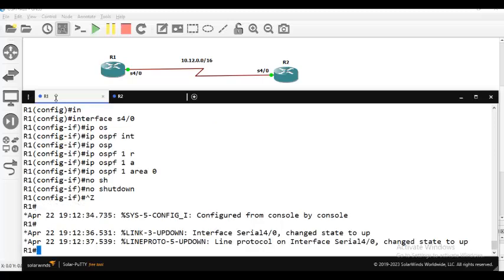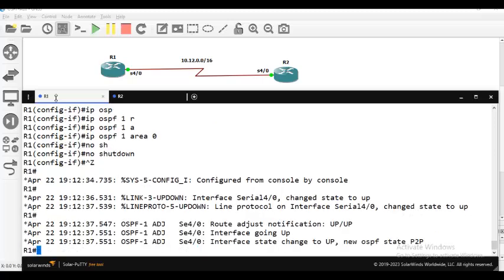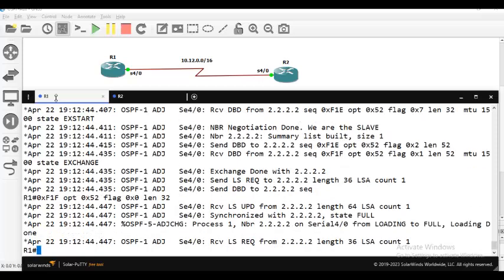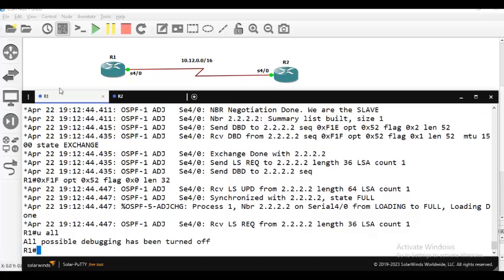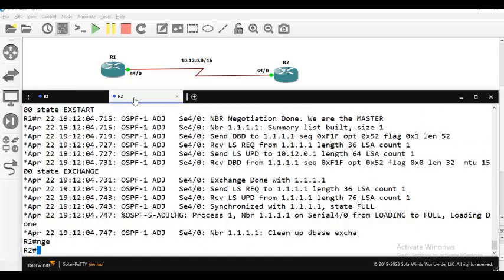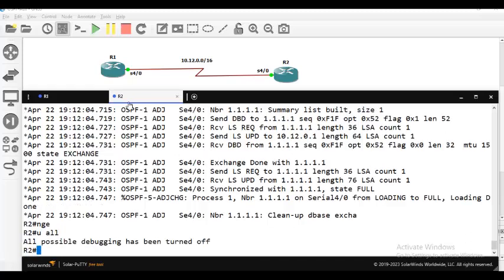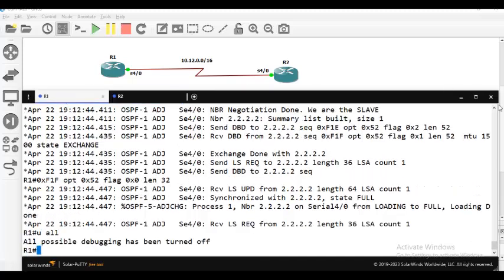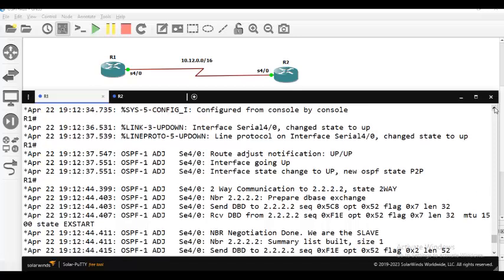In this log, you will be able to see the states, adjacency state. If you go up, you see two-way state.